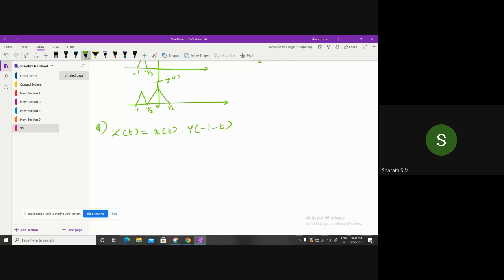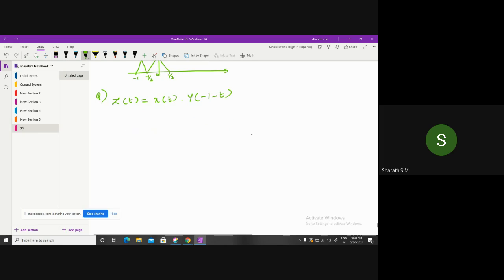Sketch z of t for the given x of t and y of t.